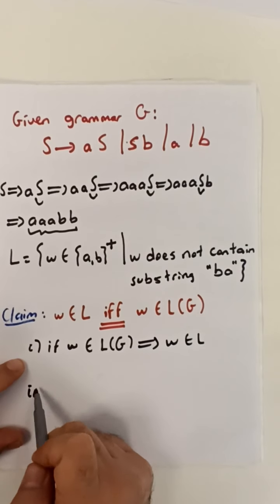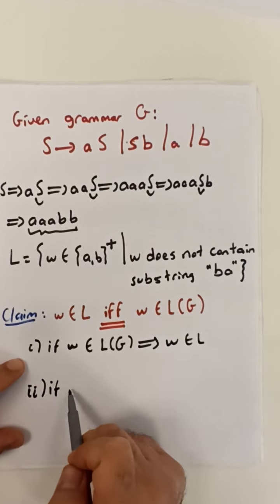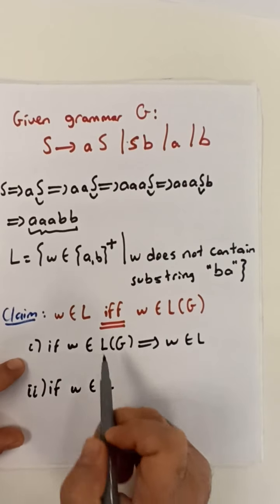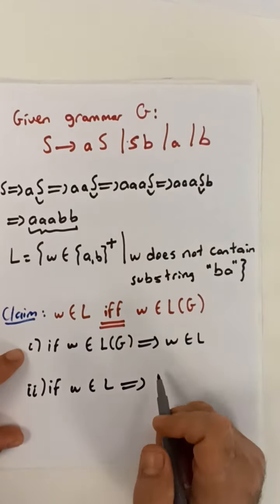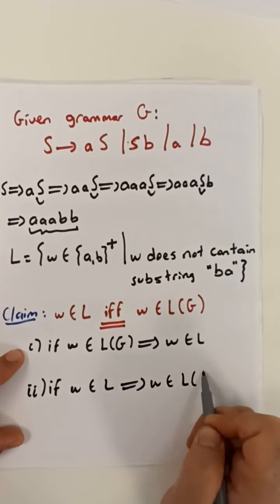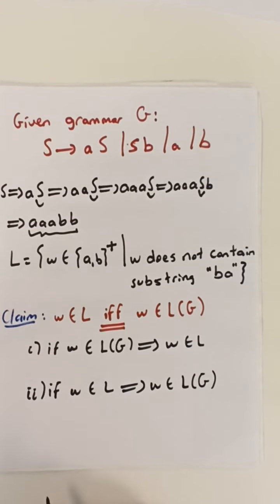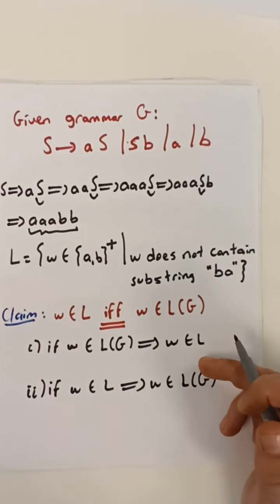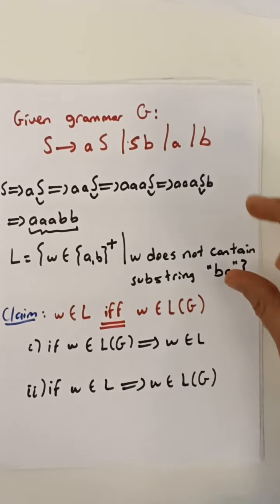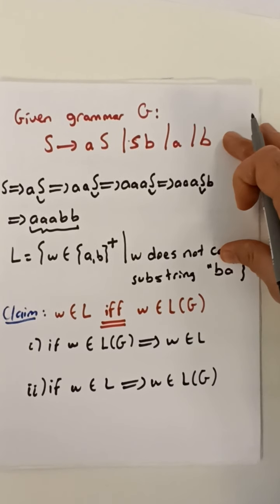And a second direction, if W belongs to this language L, then this means that W also belongs to the language generated by the grammar G. If we formally prove that both of these are true, then we can definitely say that this language corresponds to this grammar. Okay?